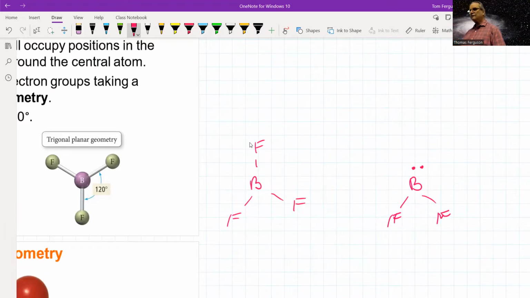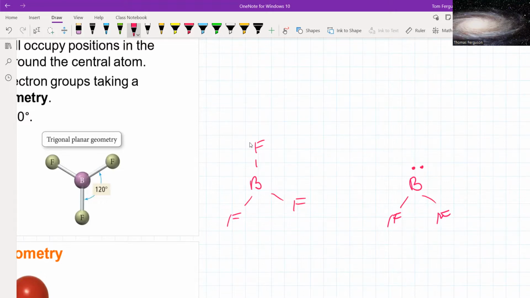Okay, so 2 versions. We have 3 electron groups, so the electronic geometry is trigonal planar. How many bonding groups do we have here? 3. How many non-bonding? 0. Look at this. How many electron groups do we have? 3.